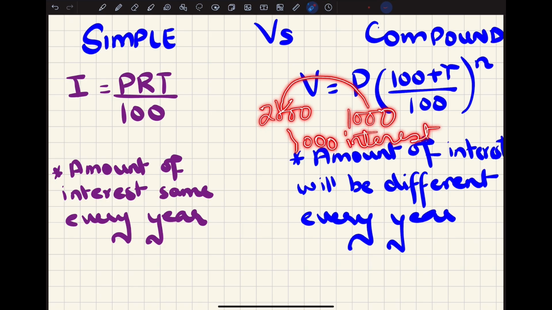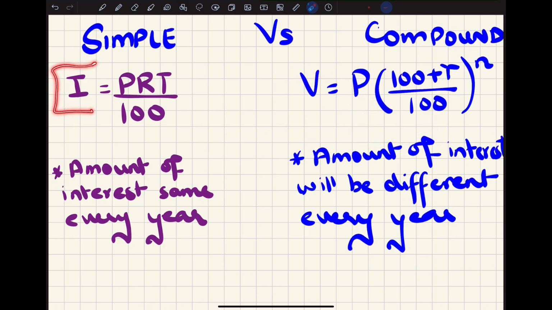This gives you the amount of interest, and if you want to calculate the final bank balance at the end of 2 years, you're going to add the amount of interest earned to the principal amount, and that is going to give you the final bank balance. However, the compound interest formula gives you the final bank balance, and if you want to calculate the interest amount earned, you're going to subtract the principal amount from the final bank balance.